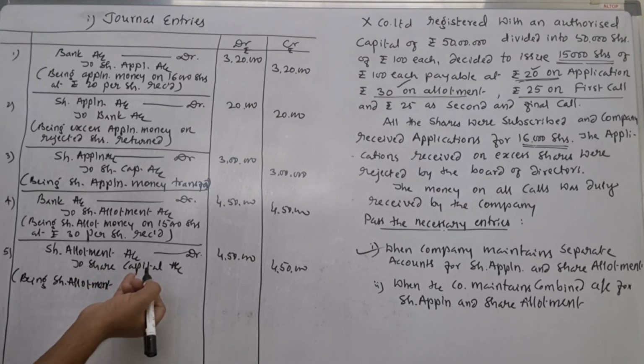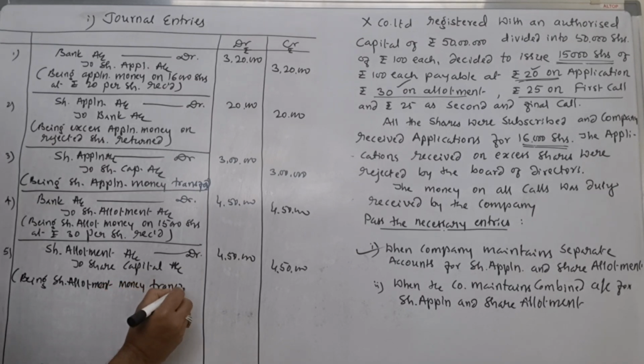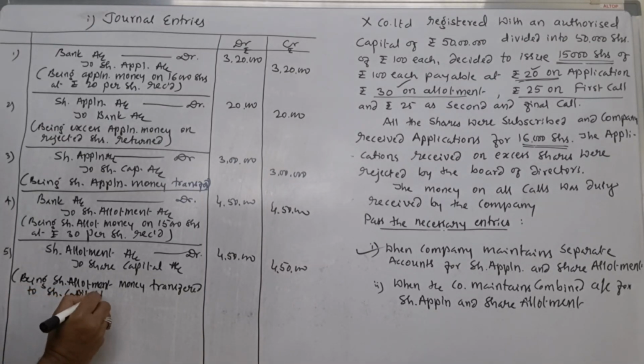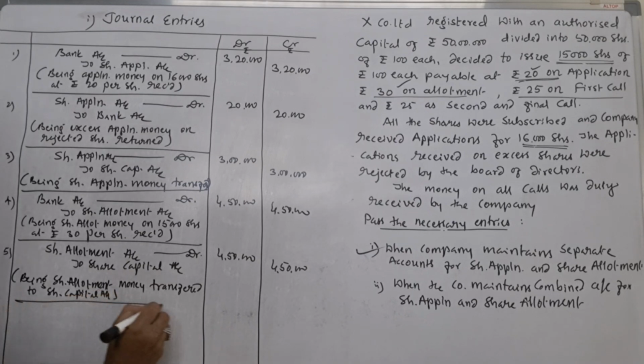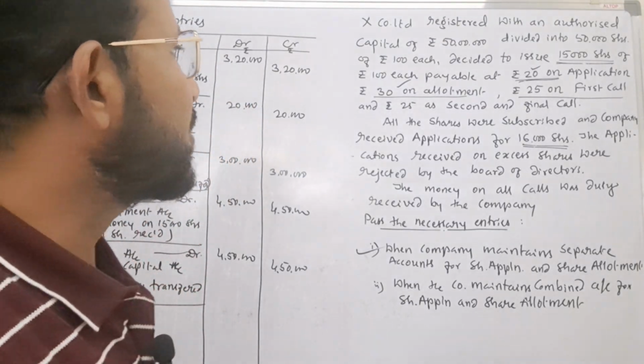Here it can also be said that when the amount is transferred to capital account, you write share allotment money transferred to share capital account. Or you can also write being share allotment money due, 4,50,000.